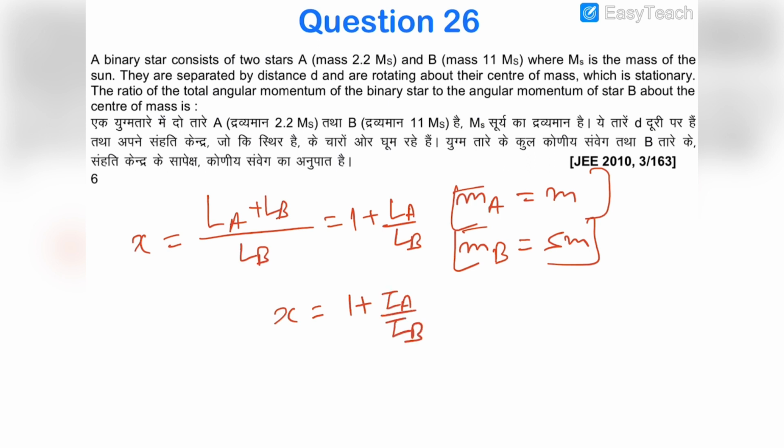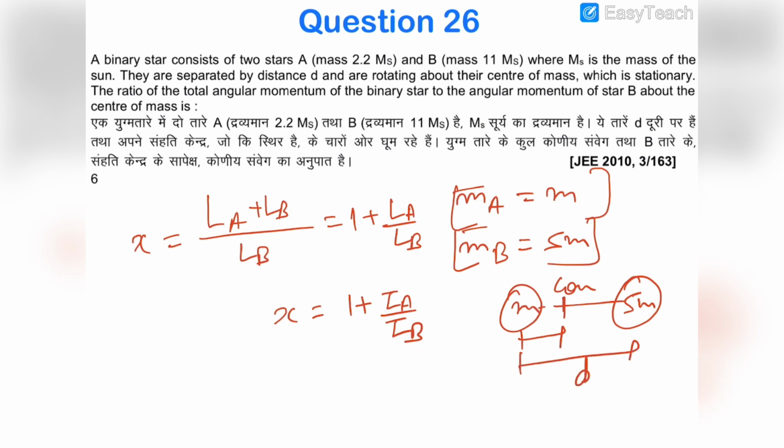You know that in a binary star omega is the same, and the ratio of their IA and IB we have to find out. So this is M and this is 5M, and obviously the center of mass COM can be found, this is D, so the ratio of these two distances is 1:5.